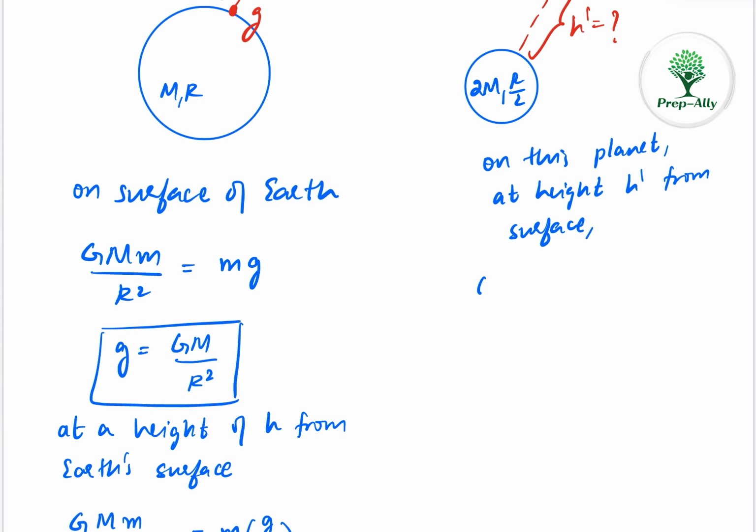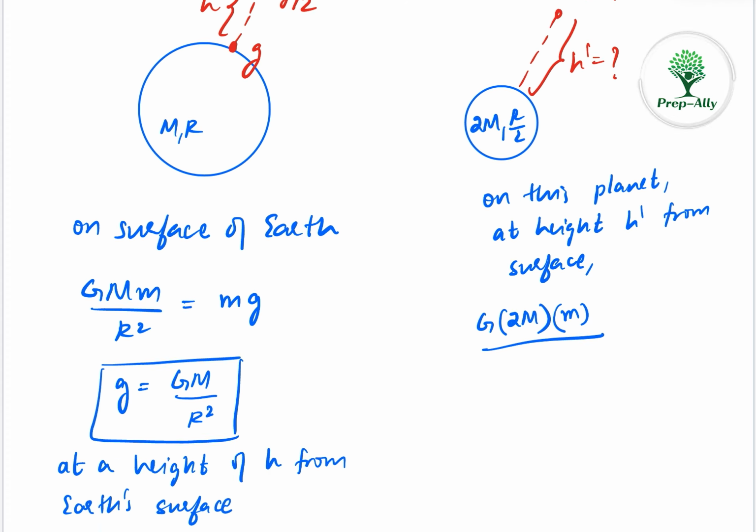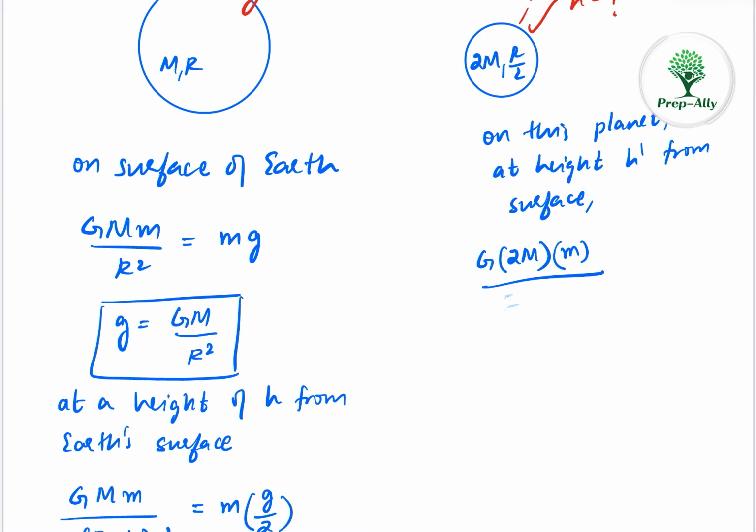It is going to be G. Mass of planet is doubled. Mass of body anyway is same. Now the distance from the center to this point is of course height h dash plus the radius, which is now half the original value. So it is going to be r by 2 plus h dash. This is equal to m.